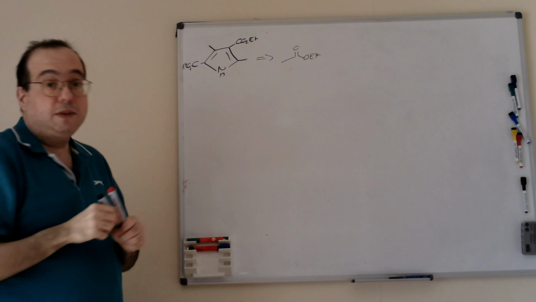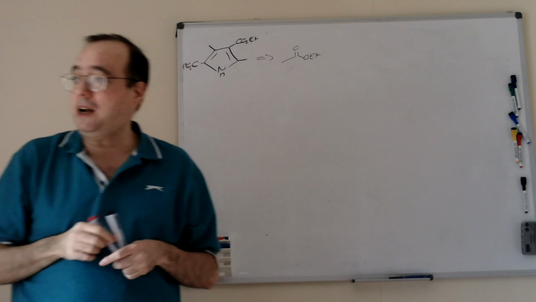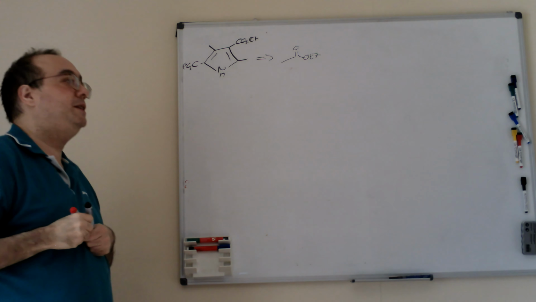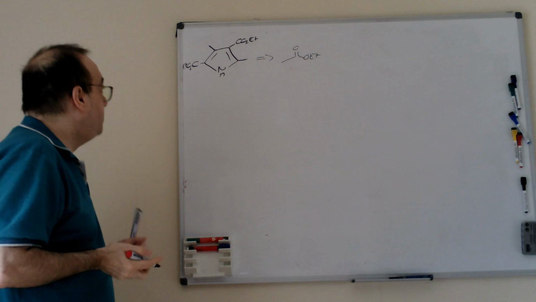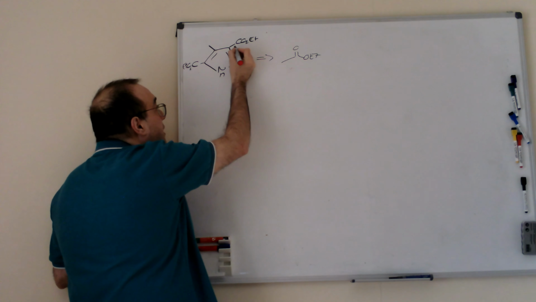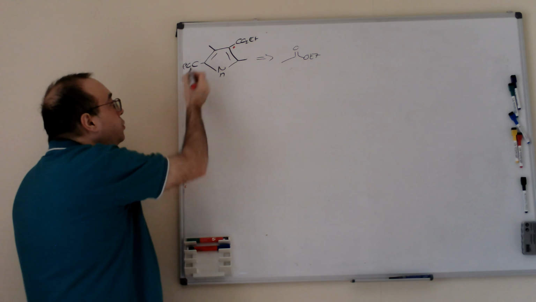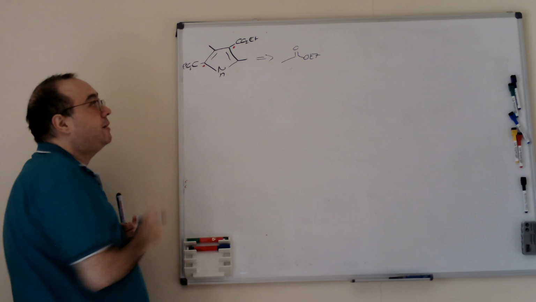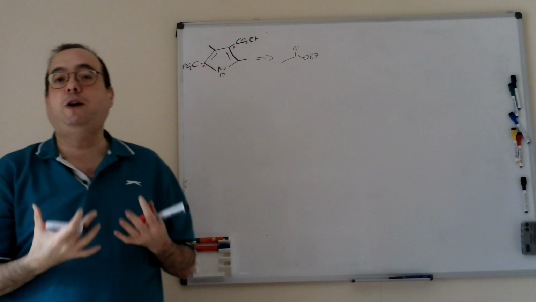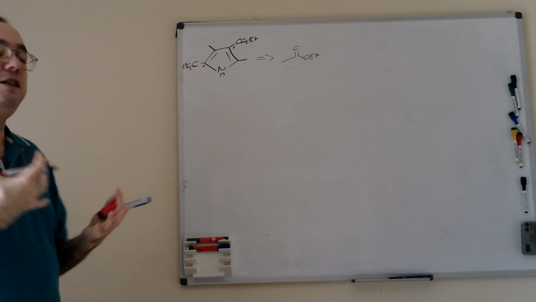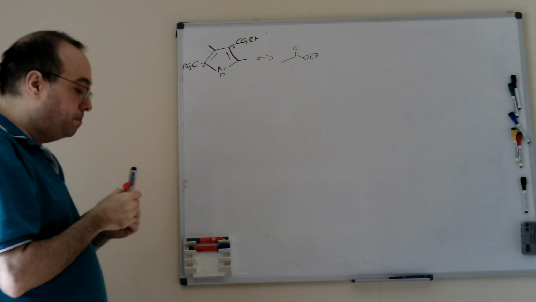Well, we have another pyrrole. How can we know if we have to use a Paal-Knorr synthesis or a Knorr synthesis? Well, basically, remember, if we have an electron withdrawing group in the 2 and 4 positions, like we have here, the possibility that we are doing a Knorr synthesis is very, very high.